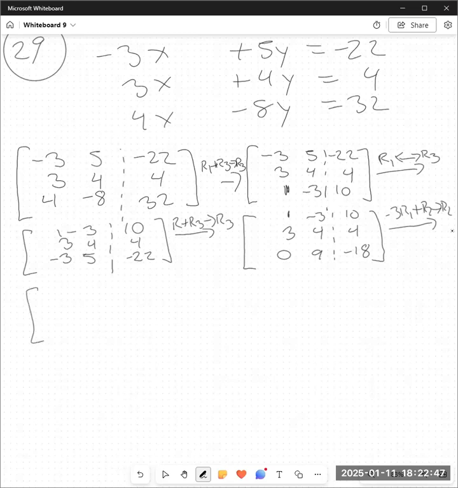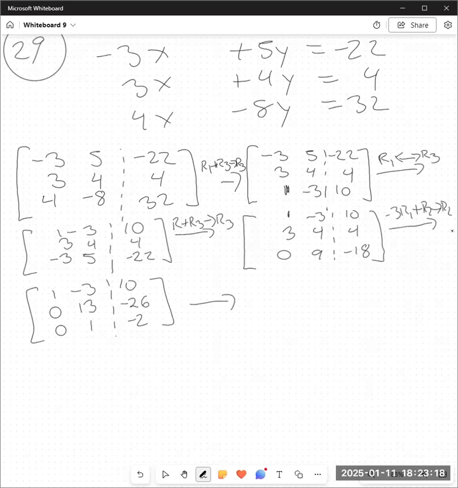And that's going to give us 1, -3, 10, 0. 9 plus 4 is 13. And then this is -30 plus 4 is -26. 0, 1, and -2.